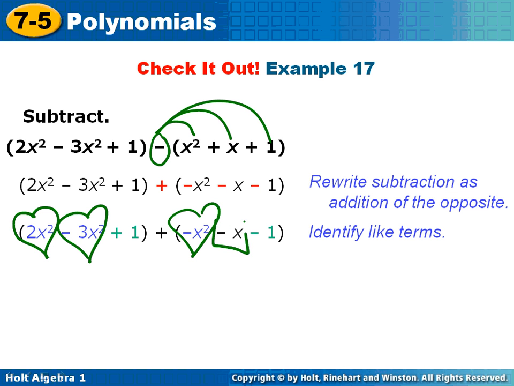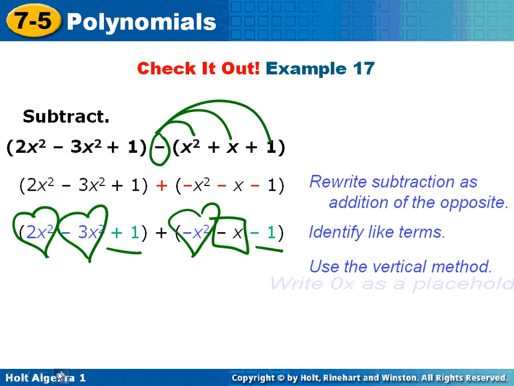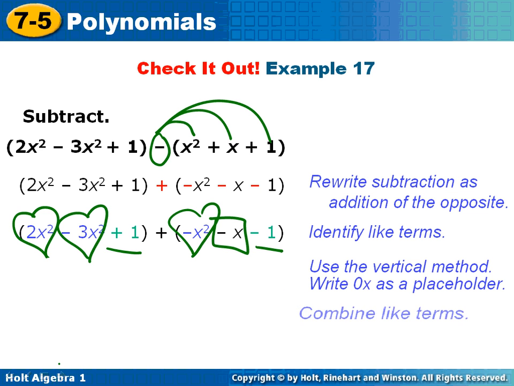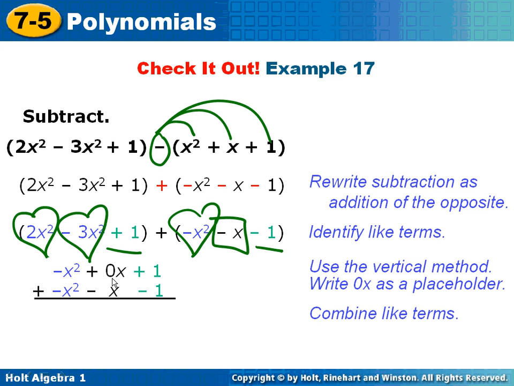Next, we would put the minus x, and then negative 1 and positive 1 are like terms, but those are going to cancel. Now, I'm going to do this one using the vertical method. And when you do that, you have to line them up using a 0 in place of the x. Adding the problems going down, we would get negative 2x squared minus x, and the 1's cancel.